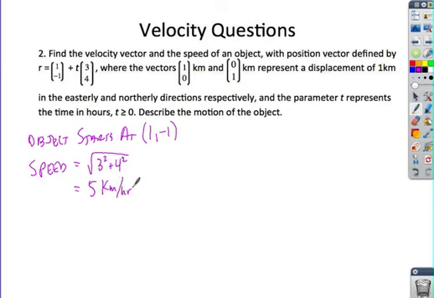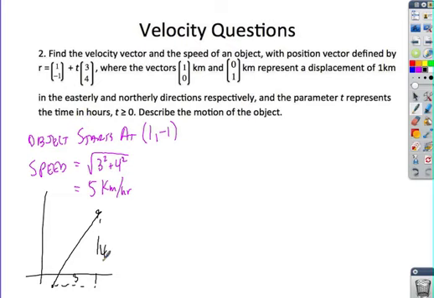If I was describing this object's movement, I might want to put it on the coordinate grid. I know it starts at (1, -1). It starts down here, and its vector is (3, 4), like this. So I could describe its motion using bearings.